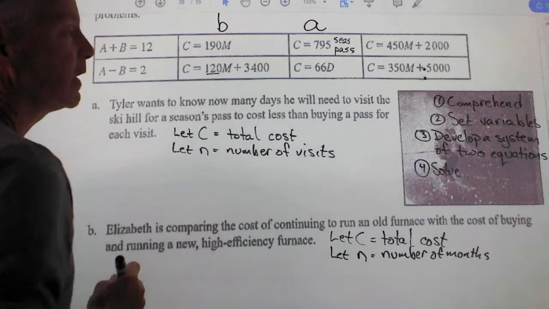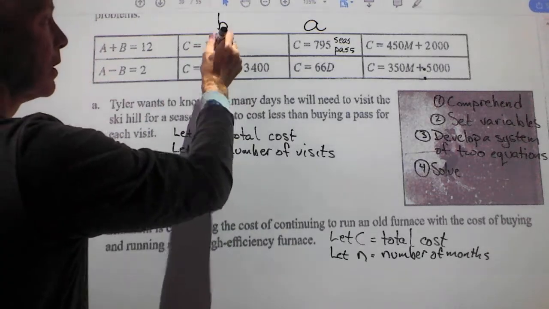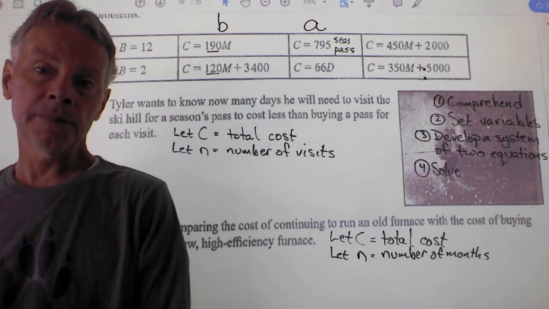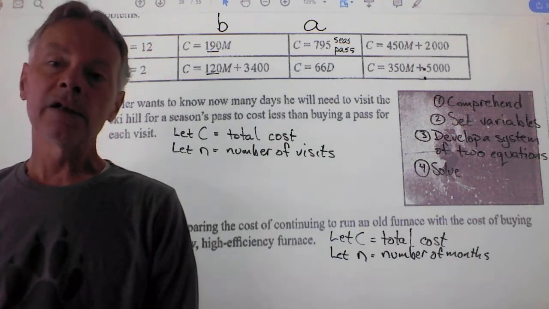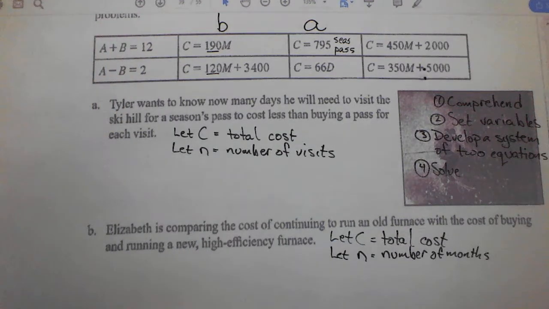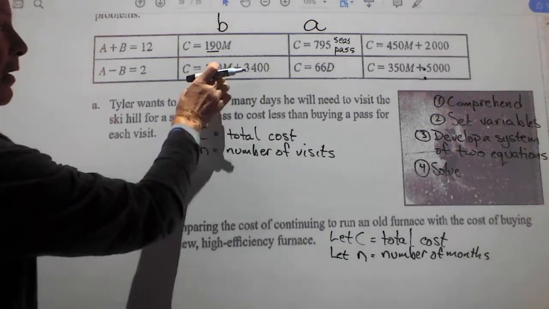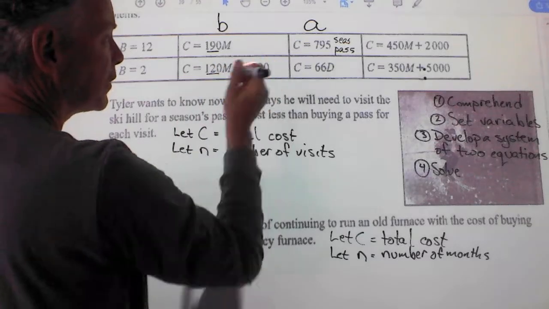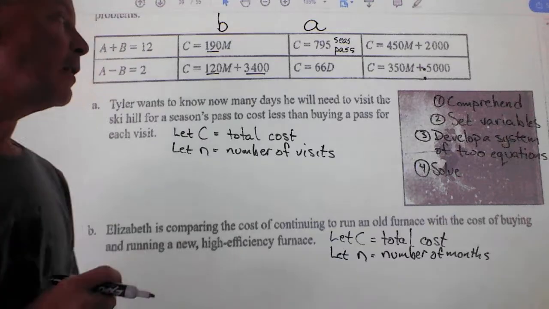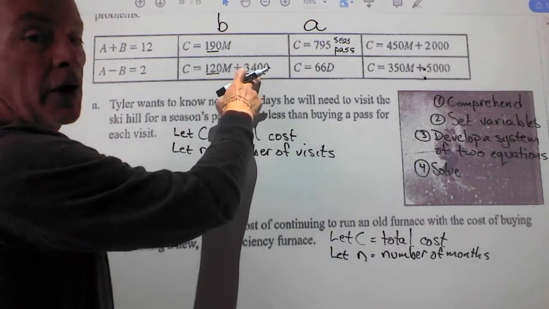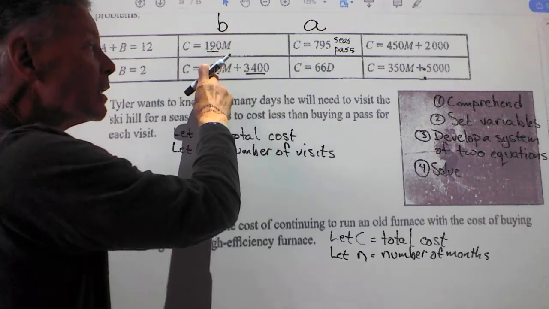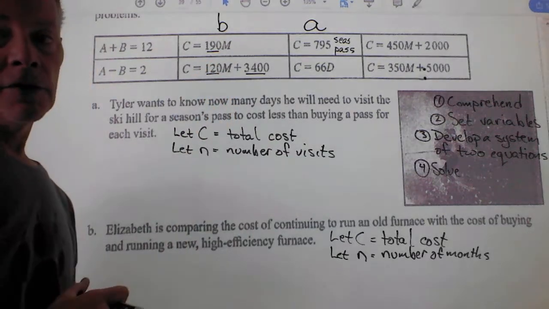Notice, though, that it's less than this one. That would be our high efficiency furnace, right? The reason you buy it is so that you can save money on your gas. And that's why you'll see there's a constant term with this one, and that's telling you basically you've spent $3,400 on your furnace, and then you're paying a lower monthly cost for that furnace.